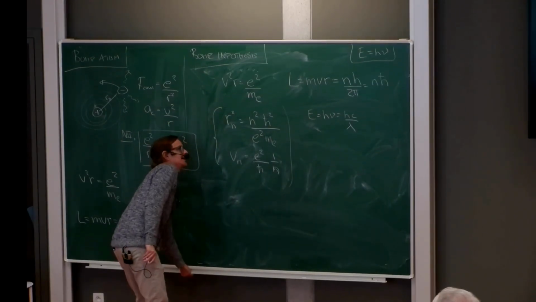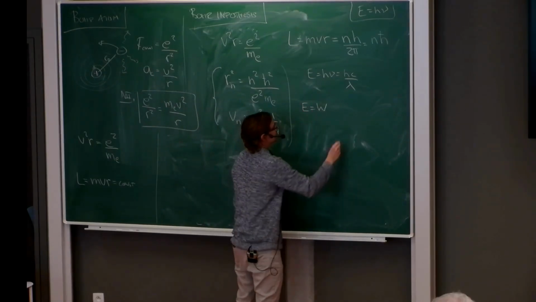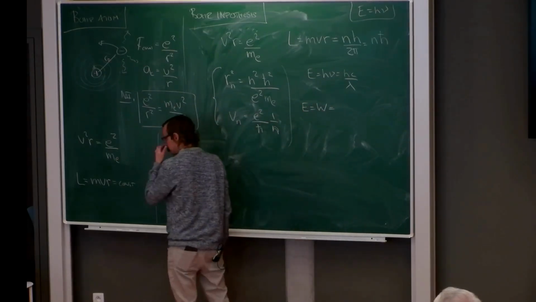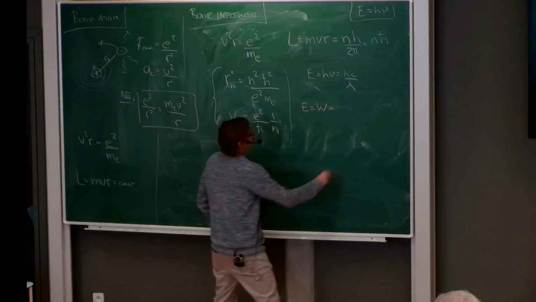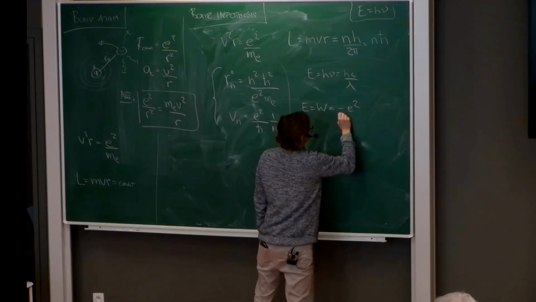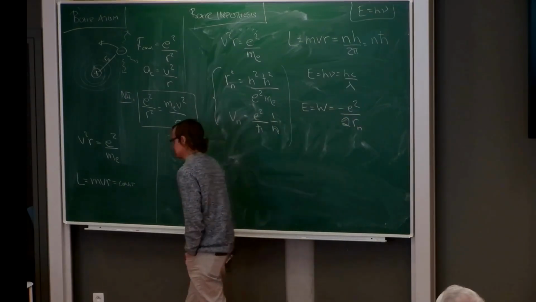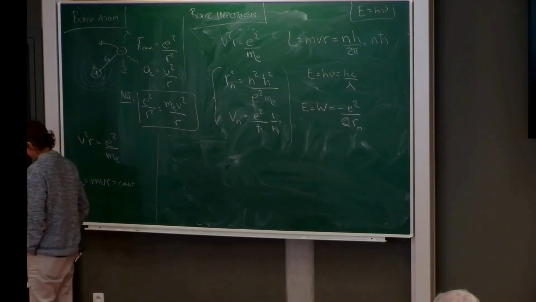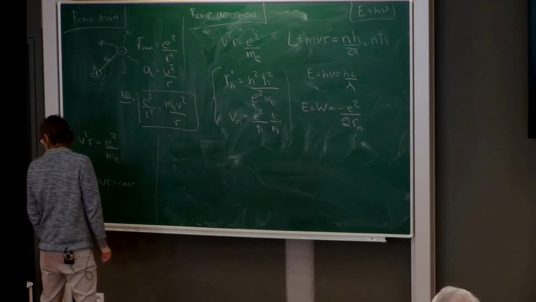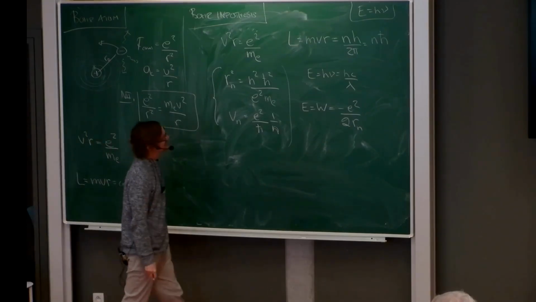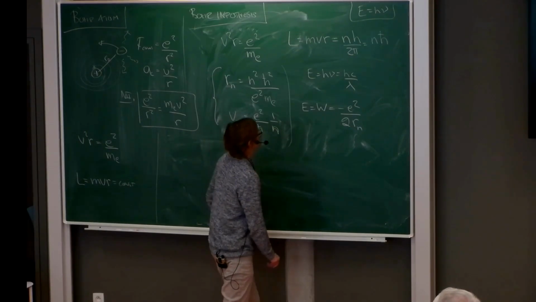So if we take this energy, it's just the total energy, we had that before, remember, it was just minus e squared divided by 2 Rn, so that was just half the potential energy, yeah? And then we just use that to plug in these results.